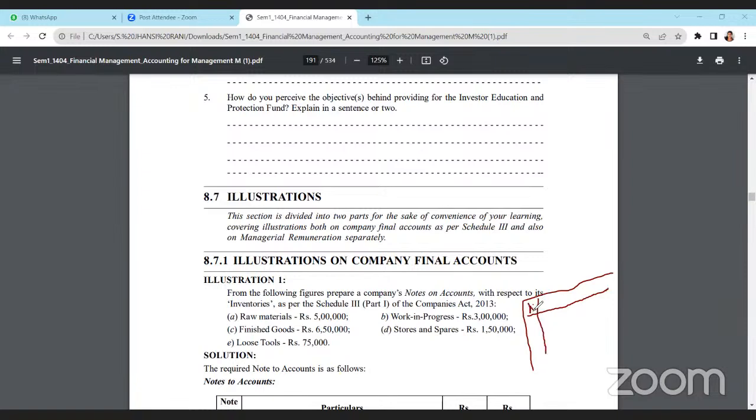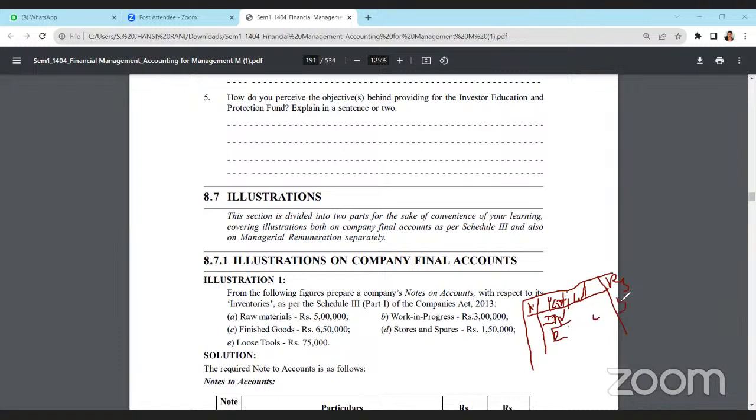Note 1, particulars. We are doing only one part of the total balance sheet, only inventories, not the total balance sheet. And amount in rupees. Under inventories, we have raw material, 5 lakhs.